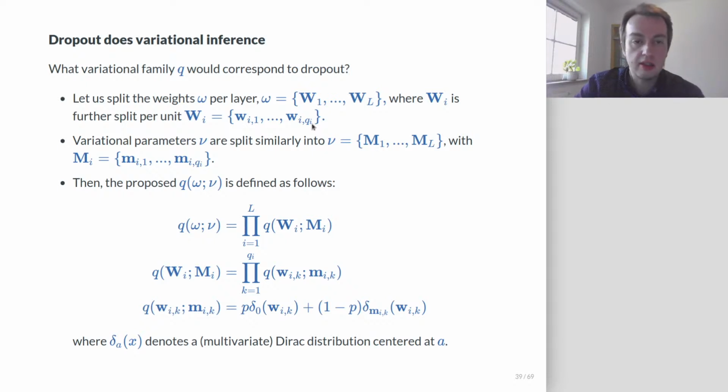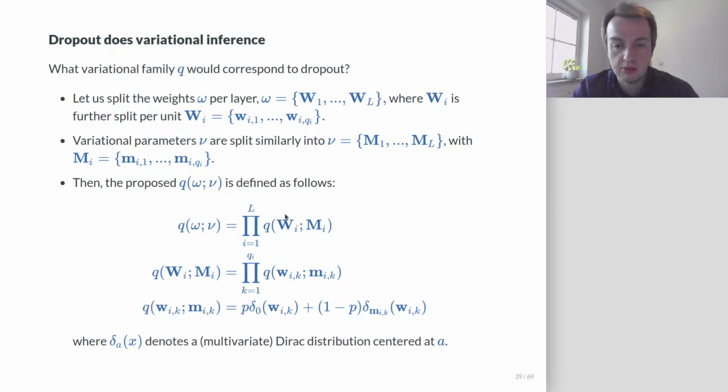Then we'll also define variational parameters nu in the same way, and we'll denote them by M. So we'll have a bunch of M matrices, each of them defined by vectors. Then I will define Q over omega, depending on the parameterization nu of the variational family, as follows. Q of omega is factored as the product over the layers of distributions over the weights for layer i, that is the matrices Wi.